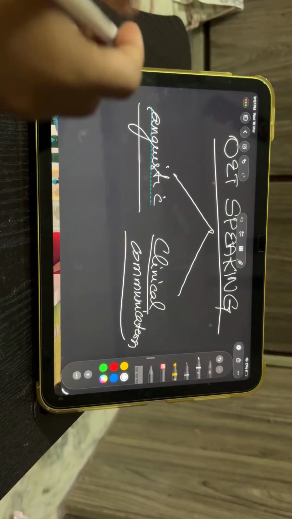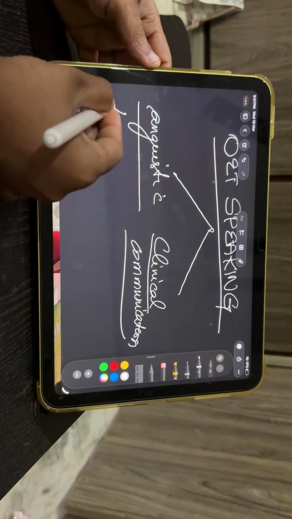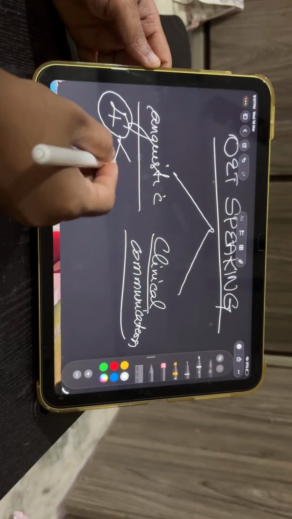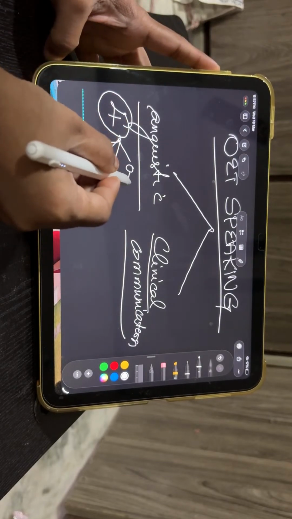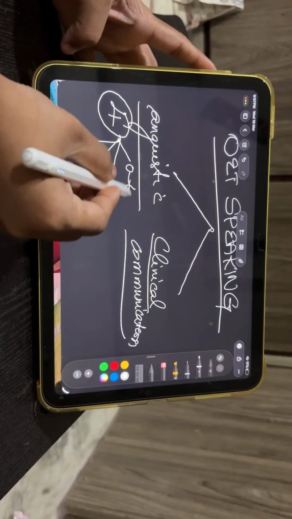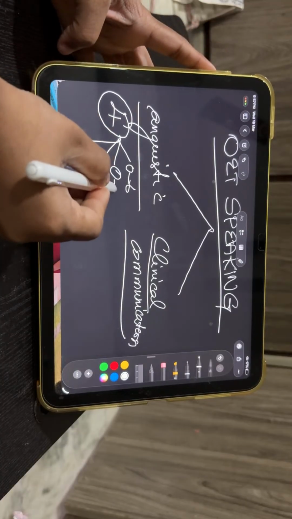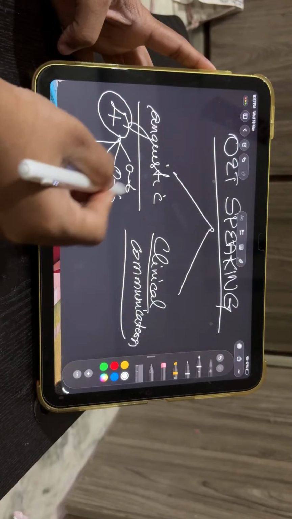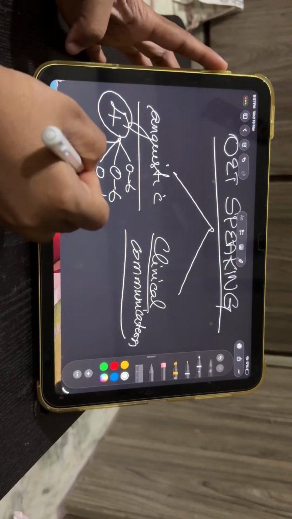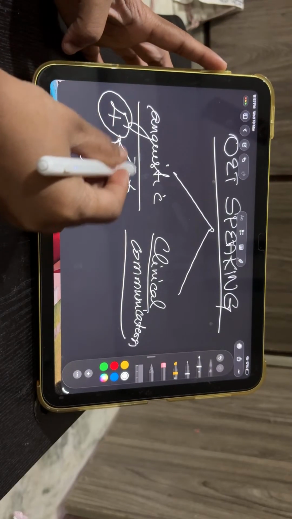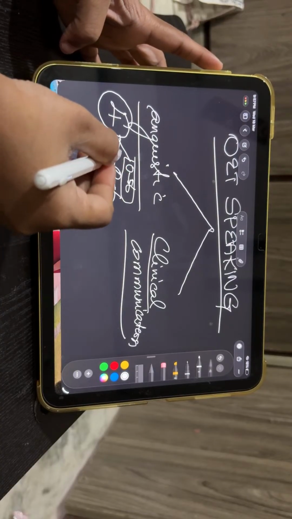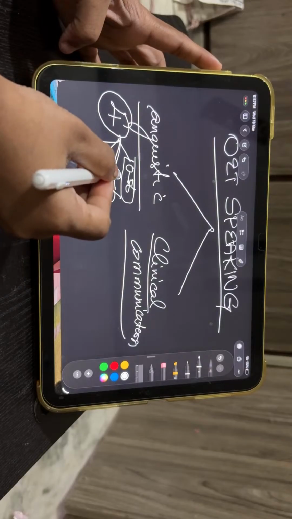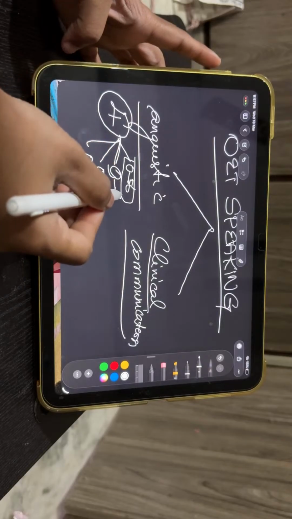So linguistic criteria has four subclasses. For each one they will give 0 to 6 marks, based on how you are performing. If you are doing well at this level, you will get 5 to 6, or if you are poor, you just get 1 or 2.